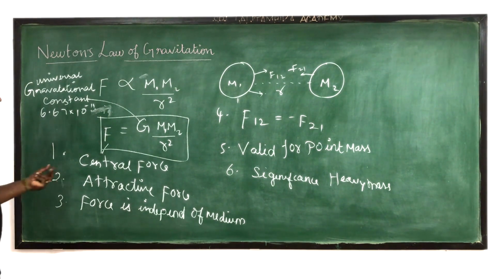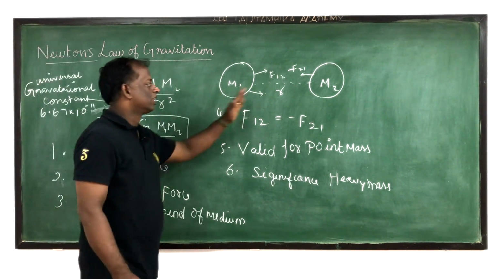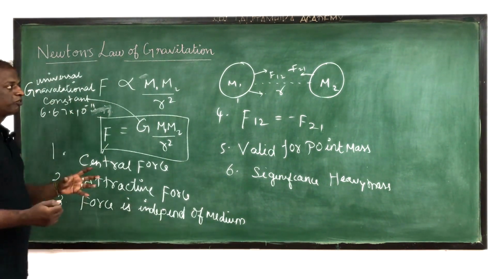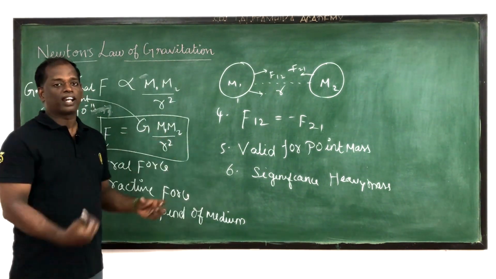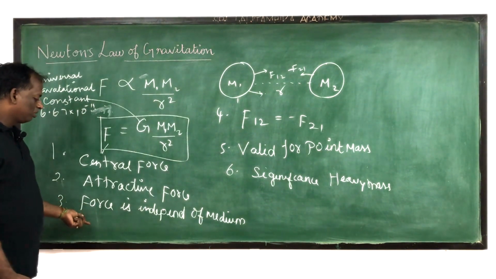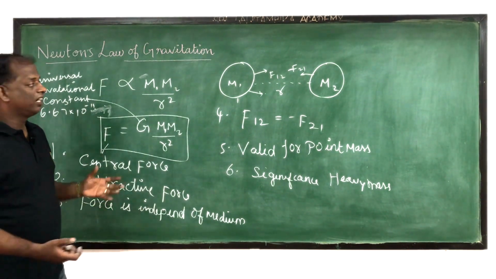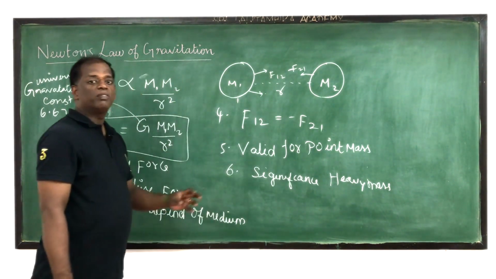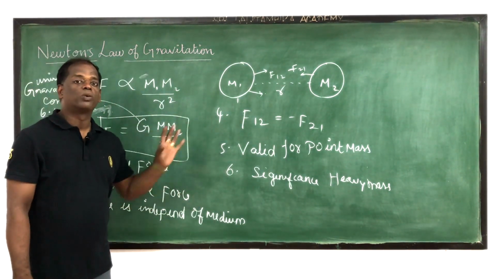So இந்த ஃபோர்ஸ் என்னவா இருக்கணும்? இந்த ஃபோர்ஸ் should be a central force. ரெண்டுத்துக்கும் பொதுவான ஃபோர்ஸா இருக்கணும். ரெண்டாவது விஷயம், இந்த ஃபோர்ஸ் வந்து இருக்கிற மாஸை வந்து அட்ராக்ட் பண்ற ஃபோர்ஸா இருக்கணும். மூணாவது, the force is independent. இந்த ரெண்டு மாஸுக்கும் நடுவுல it should be independent of the medium. மீடியம் வந்து இந்த ஃபோர்ஸ் ஆஃப் அட்ராக்ஷனை ஸ்டாப் பண்ணக்கூடாது, அதுதான் சொல்றாங்க.